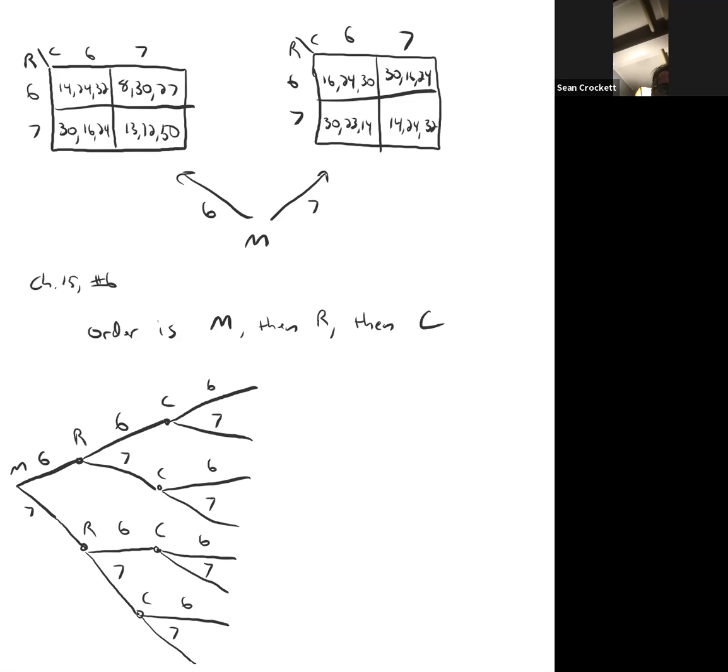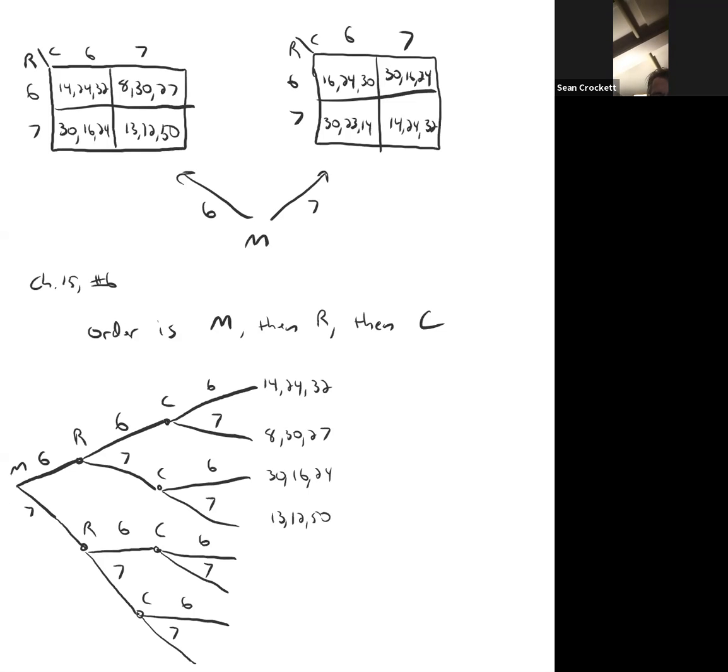So we have what, 14, 24, 32. Just make sure I get them in the right spot. 8, 30, 27. 30, 16, 24, 13, 12, 50.